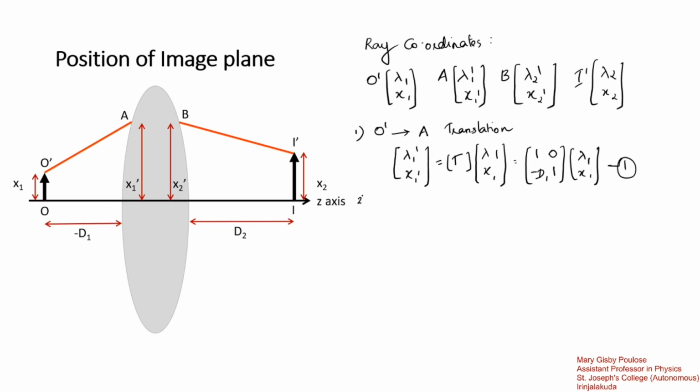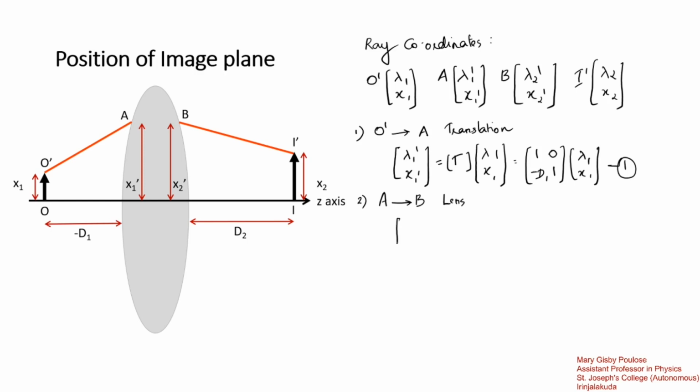Now the second operation that takes place is light travels through the lens from point A to B. So the light ray undergoes the system matrix for a lens.